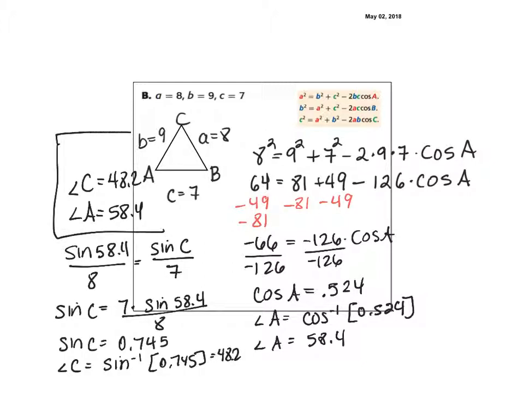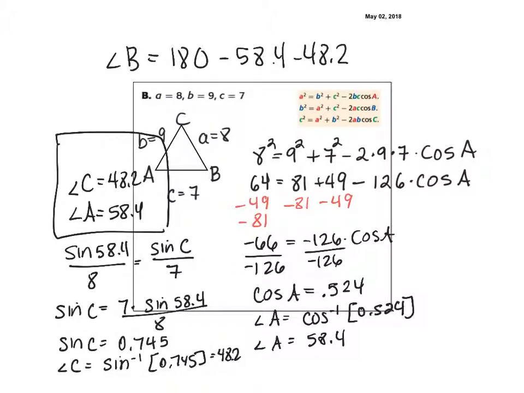And all we need now is just to find the angle of B. And the angle of B is quite easy because we can subtract the other two angles, A and C, from 180. So 180 minus 58.4 and minus 48.2. That would give me an angle B of 73.4. So the angle of B is 73.4.